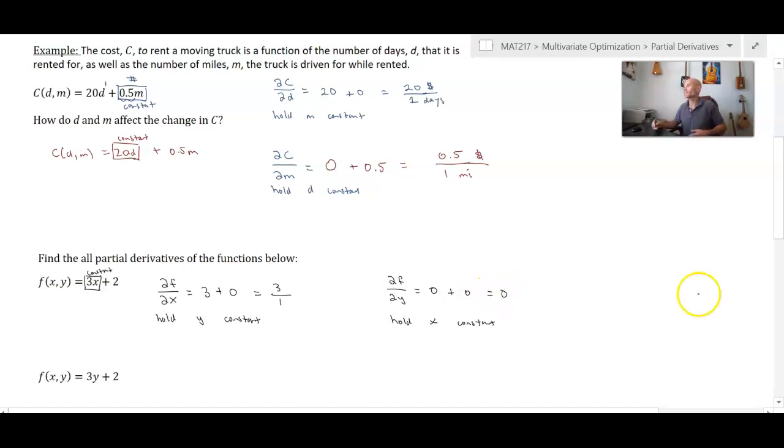And so what we can say here is that changing y by 1 has 0 effect on f. In fact, what I could do here is say this is 3x plus 0y plus 2. And now you can see that there is a y in there. It just has 0 contribution. And so increasing y from 1 to 2 or 10 to 11 will have no impact on the size of the output of this function.